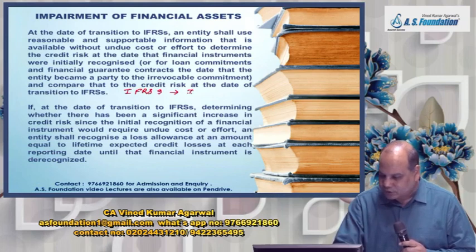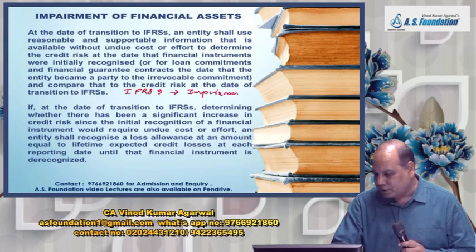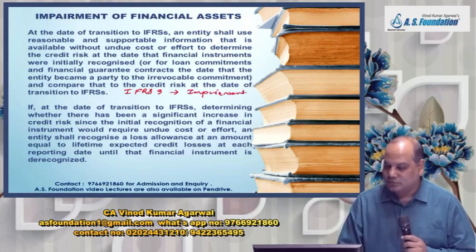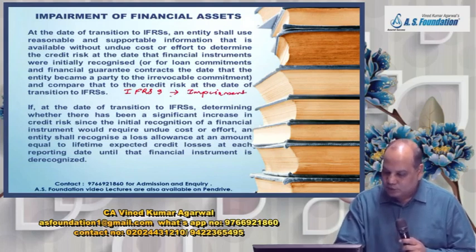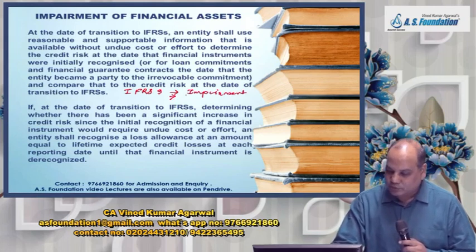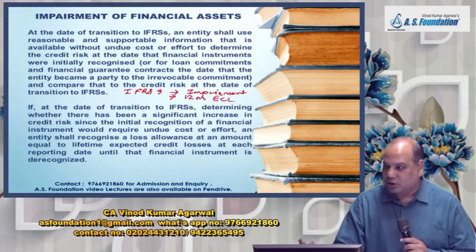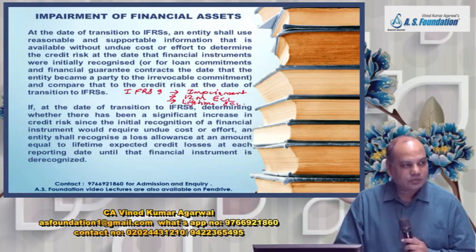In IFRS 9, there are some provisions relating to impairment of financial assets. There are two types of loss allowance. Which are the two types? The first is 12-month expected credit loss allowance, and the second is lifetime expected credit loss allowance.